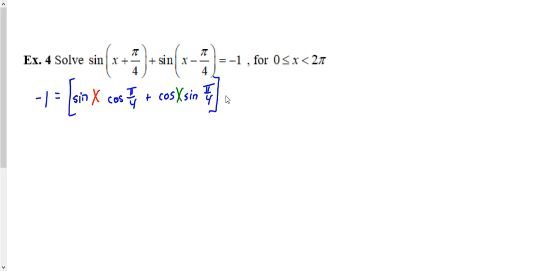And then our second bracket we have plus. So in this case we're subtracting, this is going to be sine x cos pi over 4. And it's going to be subtracted from cos x sine pi over 4.